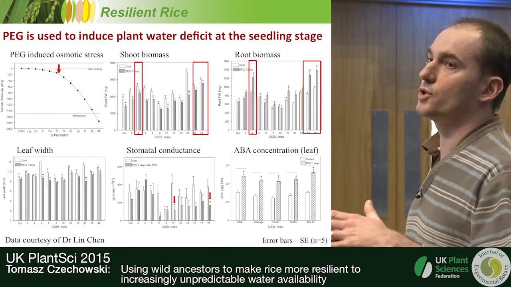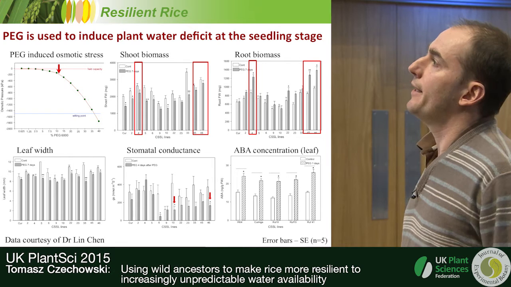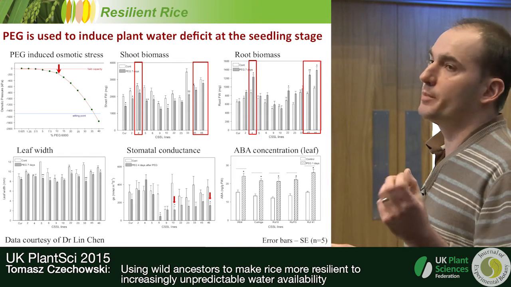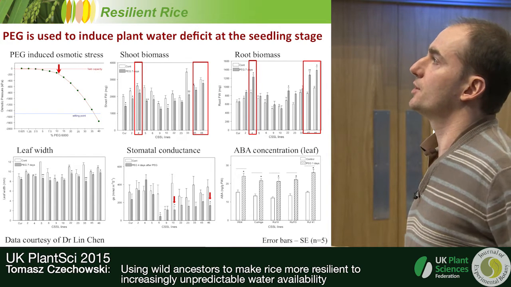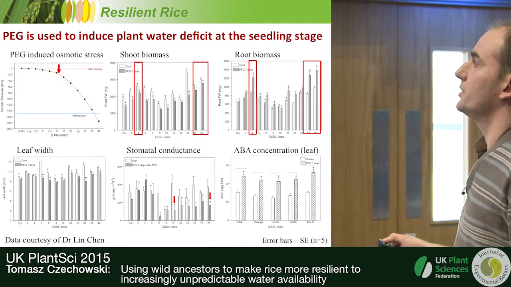So basically the shoot stops growing, and roots start growing after imposing PEG.